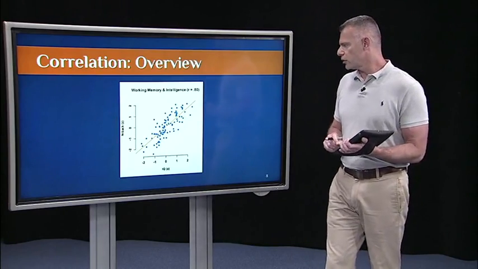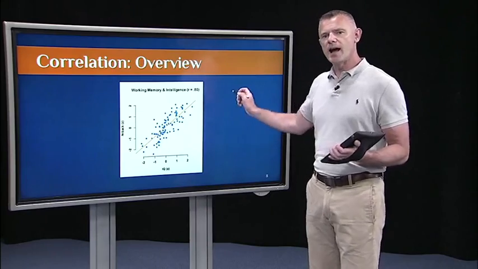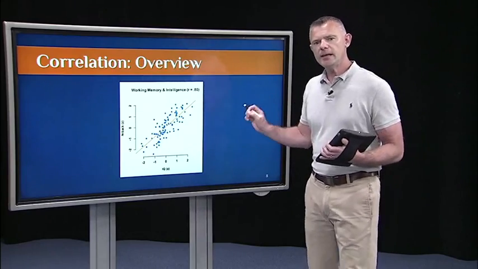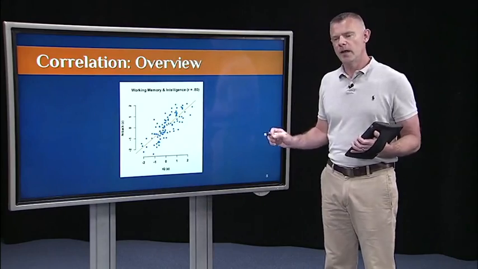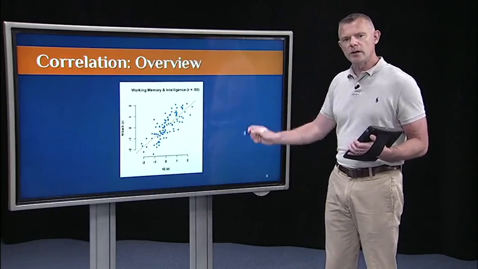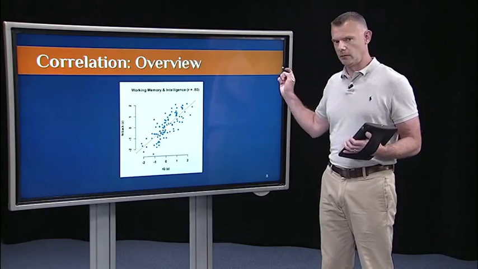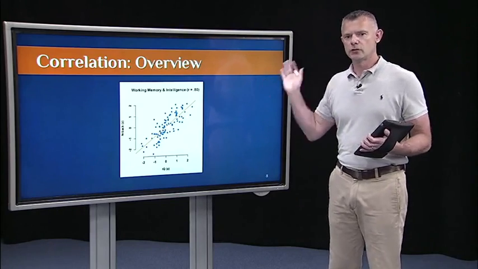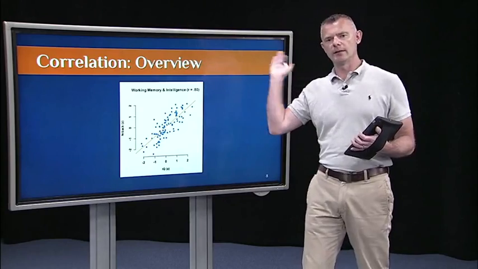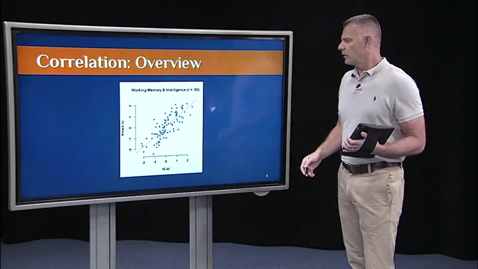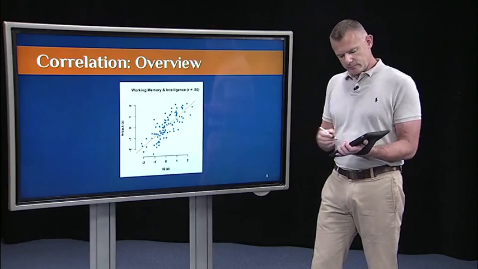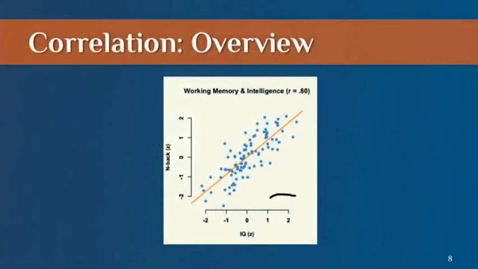But more importantly, what this shows is each dot in the scatter plot is an individual. And the line that runs through the dots is called the regression line or the prediction line. It just runs right through the middle of that scatter plot. What this shows is if you're above average on IQ, then you tend to be above average on working memory capacity.